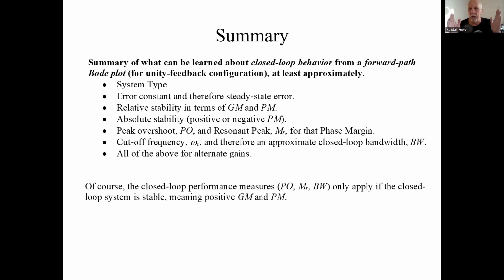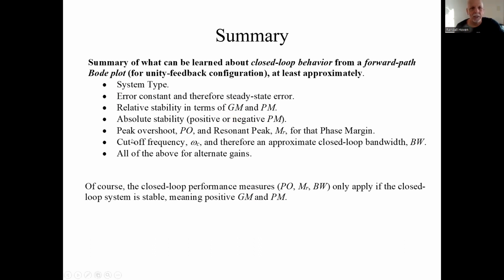So what can we find out? And some of this goes back to the previous videos. What can we find out from the Bode plot of the forward path transfer function about closed loop system behavior? We find out system type, error constant, and therefore the steady state error, measures of relative stability and absolute stability, primarily using phase margin. I'm not teaching gain margin just because we tend not to use it, but if your course uses gain margin, it's in these charts.